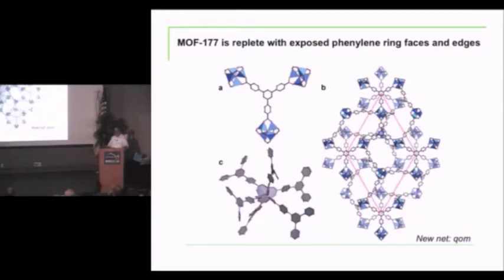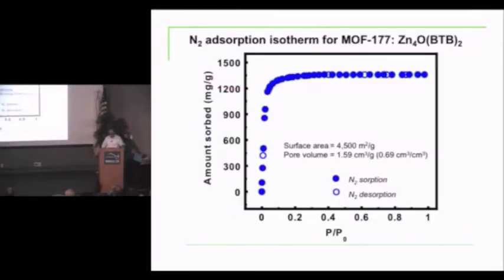Because we didn't think we could make a more porous structure than this, since the surface area, as you can see here from the nitrogen adsorption isotherms, here the nitrogen goes in and then fills the pores, and then we can take it out. And this sharp knee is a signature of permanent porosity of the structure as gases diffuse in and out. The surface area was 4,500 square meters per gram.